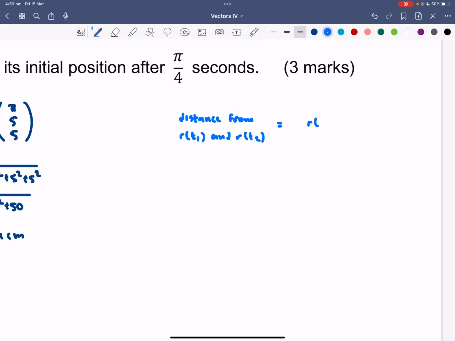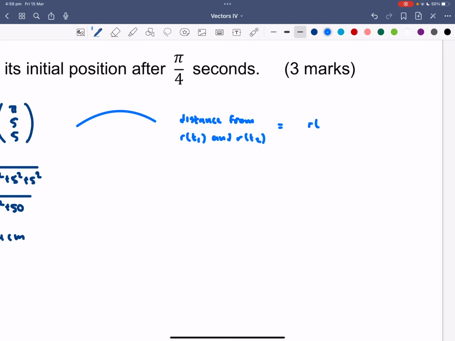We're trying to work out the distance from where it is at a certain time to a certain time. All you do is work out the displacement vector, and then you work out its magnitude. That's how you find the distance between two positions at two different times.